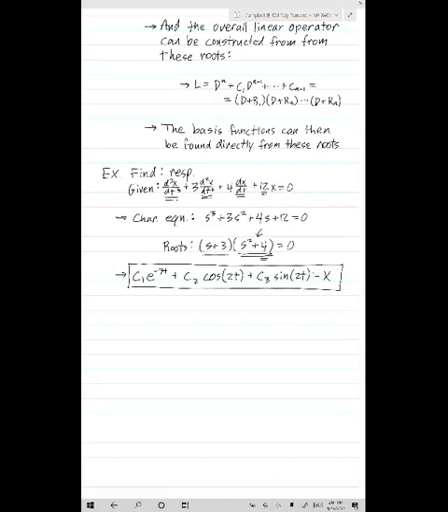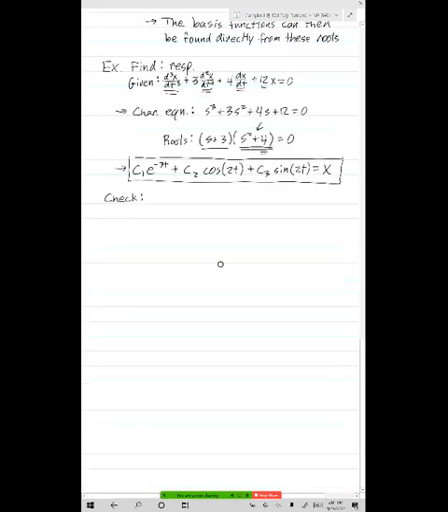Now, just to show you that this actually works out, let's go ahead and do our double check. So if you are comfortable with what we have been discussing before, and hopefully you've seen it enough times now that you are, this really shouldn't be a problem for you at all.